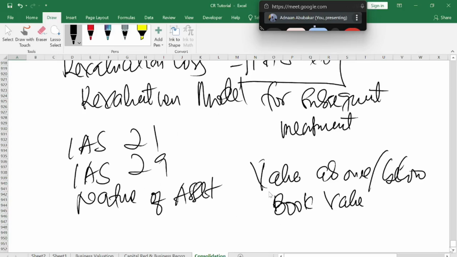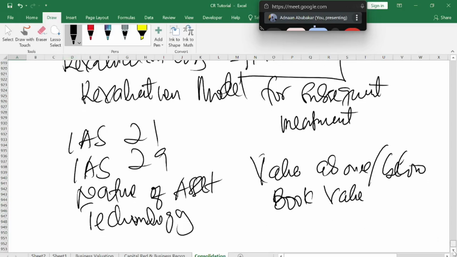Even economic factors can cause this, and an economic factor can even fall under IAS 29. Or maybe technology can all affect how the asset can value low or high as it sits in your book.